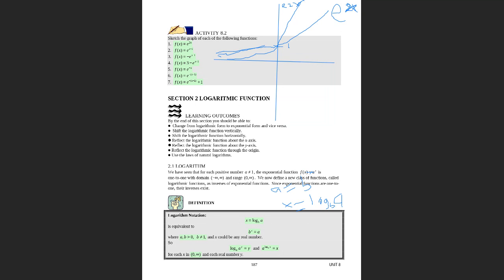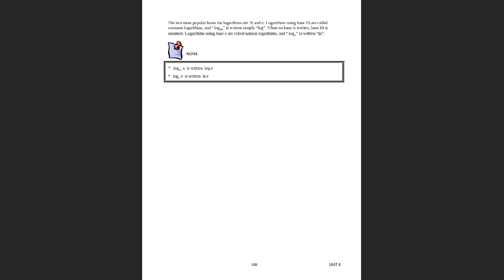So these are the relationships between exponents and logarithms, and we have to take note of them. I told you initially, whenever a log is in base 10, it's just like writing it without a base.